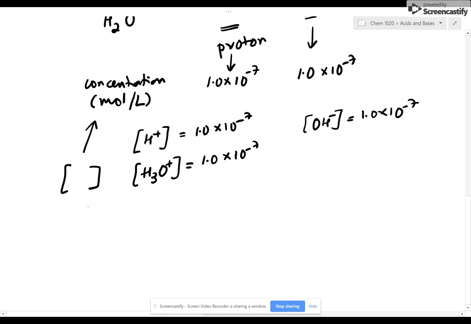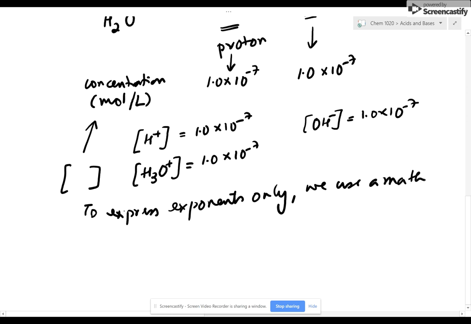For that, we use a mathematical function. Now, you don't need to worry what the mathematical function is. You just need to know how to use it, okay? And the mathematical function is log.